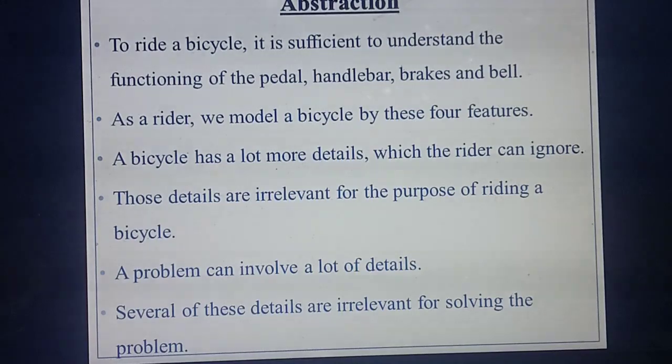A lot of things, tires and dynamo, are available inside a bicycle, but while you are learning to ride, you should take care of only these 4 important things. You will not bother about the internal working of the cycle or how this cycle will ride.